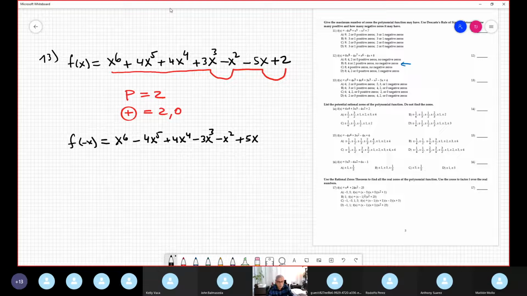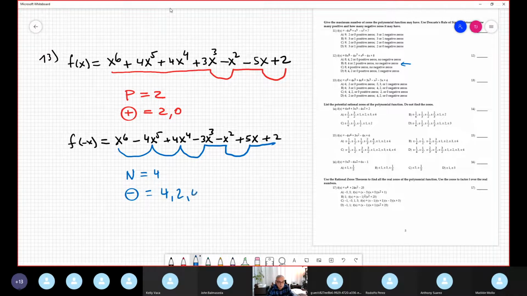And 2 stays the same. Okay, super. Now analyze how many changes of sign we have. We have 1 here: positive, negative, negative, positive, positive, negative, negative stay, 1 change, and no more. 1, 2, 3, 4. N is 4. See, N is 4. The number of real negative roots is 4, 2, or 0.